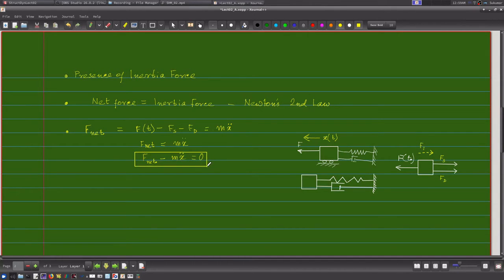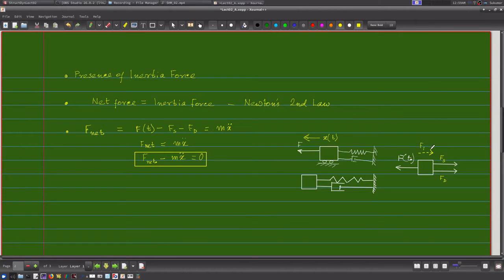And this phenomenon, that the inertia force develops and acts in a direction opposite to the direction of the acceleration, so its job is to oppose the acceleration. Because it is inertia, it will oppose the change in the state of motion so that it can preserve the original state of motion. That's why it will oppose the acceleration.